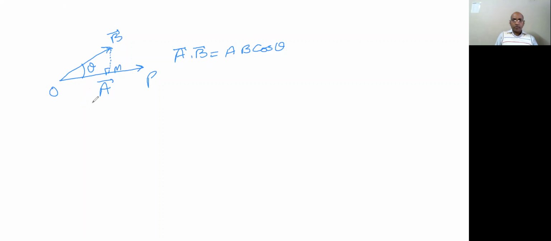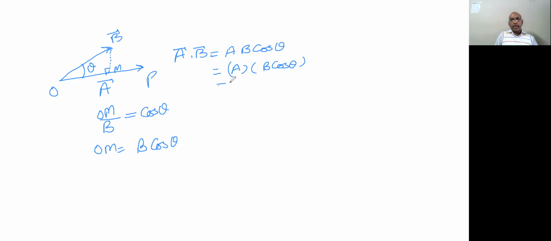Okay. So now OM upon B is equal to cos theta. OM is the projection, so the projection will be B cos theta. Now I can write the equation as A times B cos theta, where A is OP and B cos theta is OM.